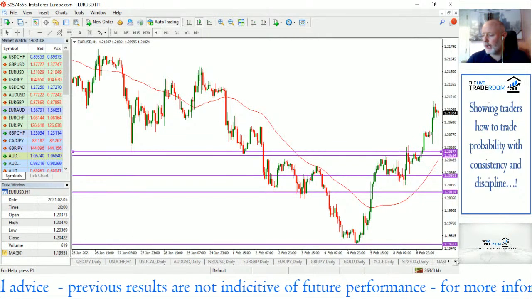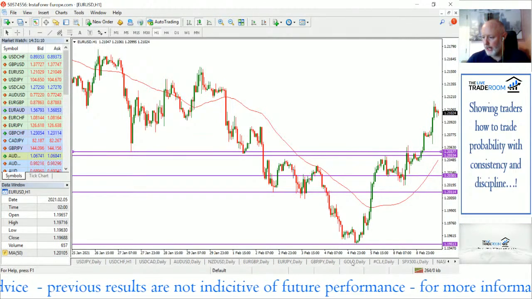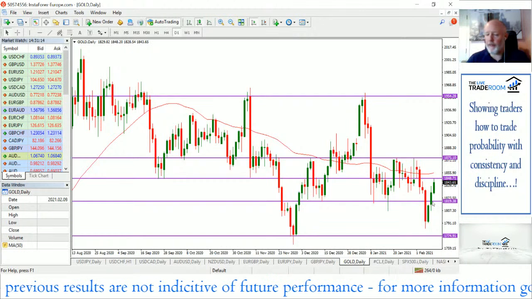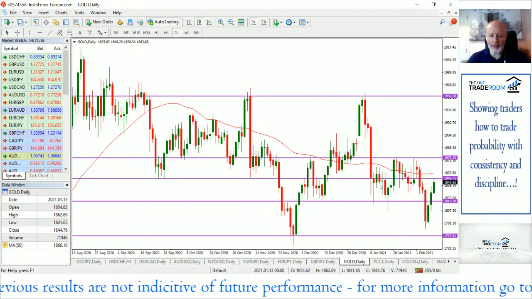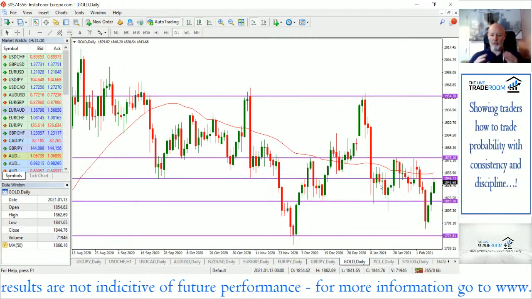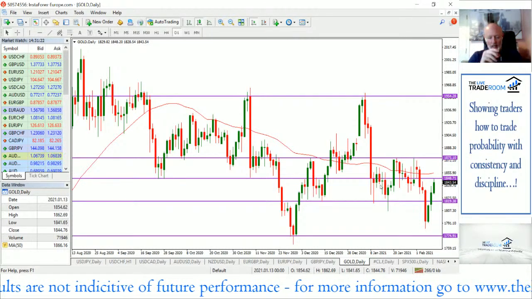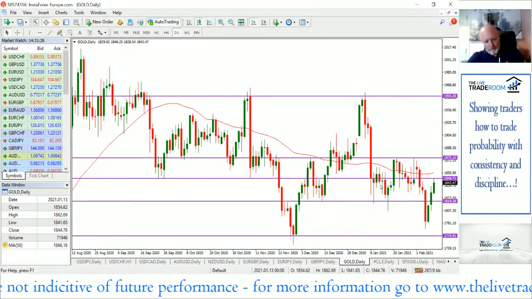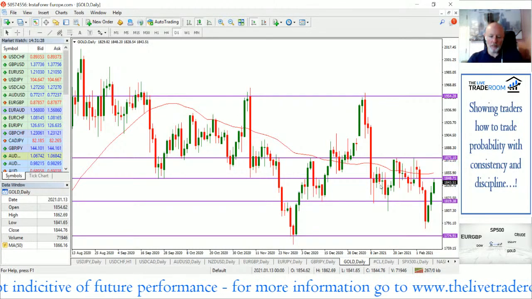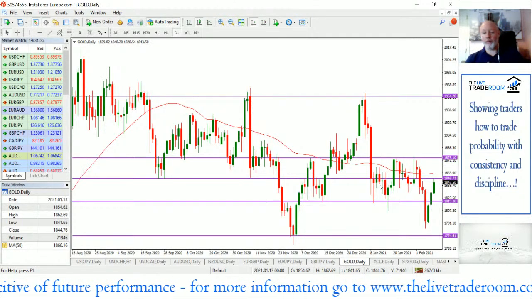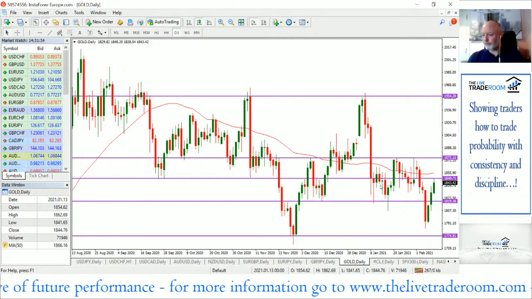So we've just done a very, very quick bit of analysis. So now we're just looking at some of the correlations, and we're just having a quick look at gold. So gold is benefiting from a little bit of softening, and the reason why we talk an awful lot about risk on and risk off is we want to know where the capital is going. So if it's risk on, there's a good strong appetite for capital to be piling into your more riskier assets like your equity markets and your indices.